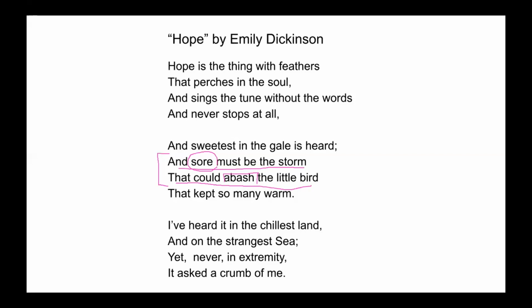I'm not really sure what that means, but I guess maybe it says this soar, and the soar must be the storm. It might be the sea, might be the storm, and it asked a crumb of me.